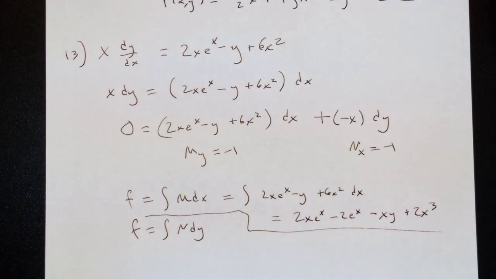I did it on my scratch paper. When you integrate x e to the x, you get x e to the x minus the integral of e to the x. So I get another minus e to the x. And the 2's just carry through.